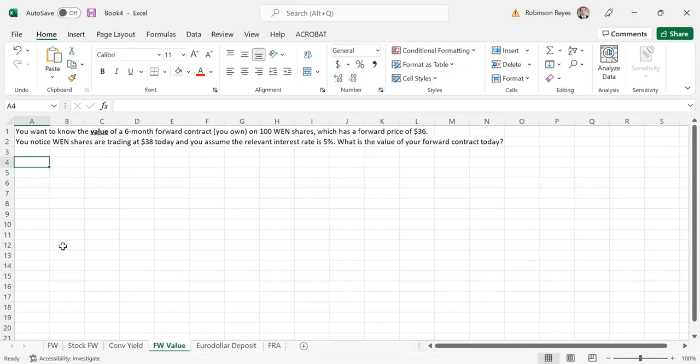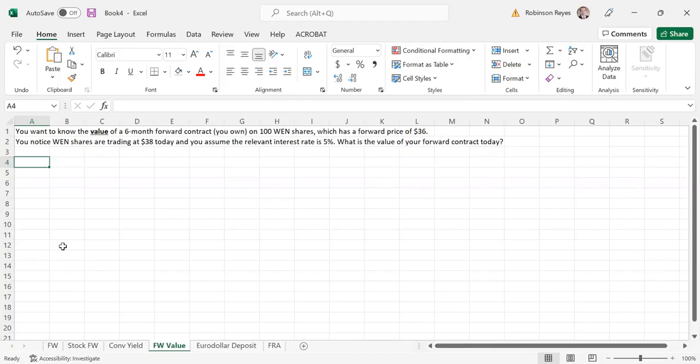Let's assume you're buying this forward contract, in other words, entering into this contractual agreement. And once you do that, there is a price that is agreed between the parties signing this contract. That price is the forward price.